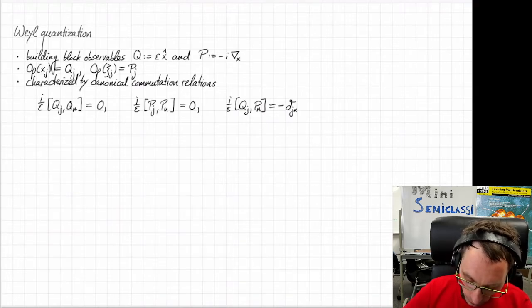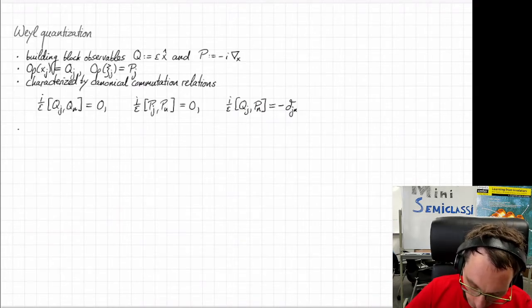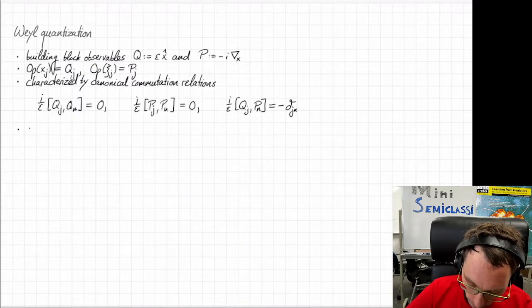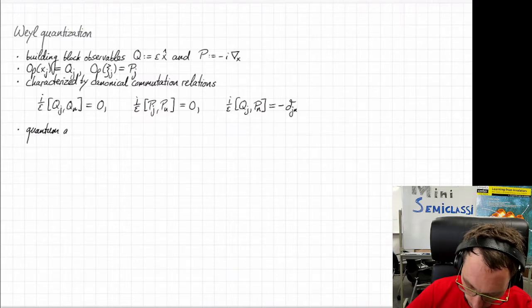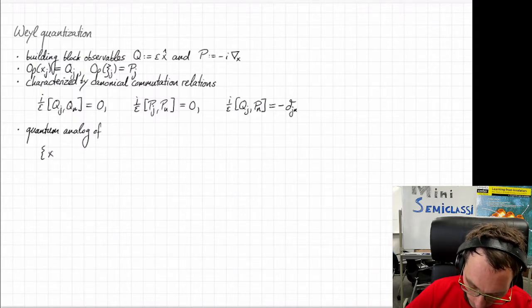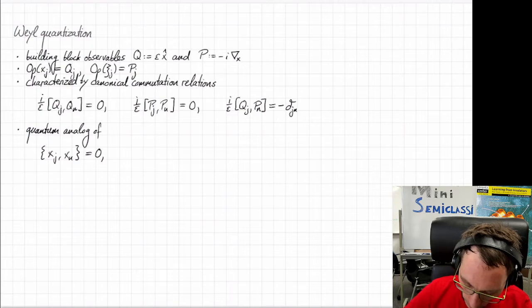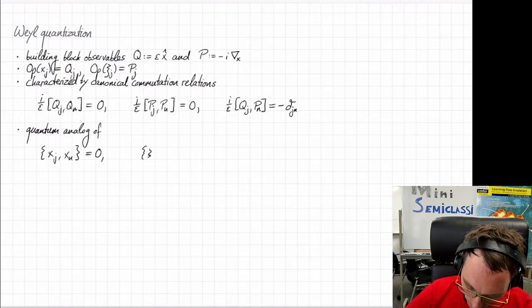And this is the quantum analog of the classical Poisson bracket relations. Well, here the Poisson bracket of xj and xn is equal to 0. The Poisson bracket of xi j and xi n is equal to 0.